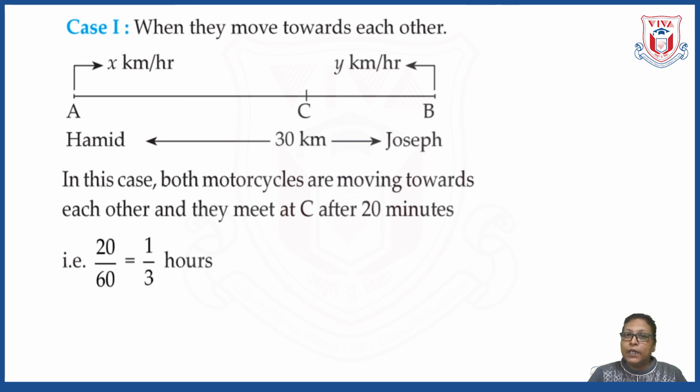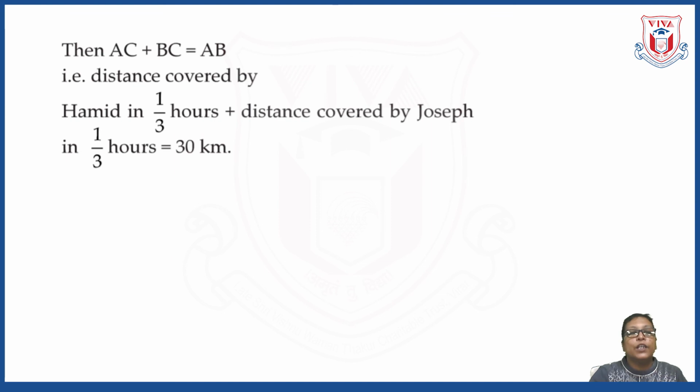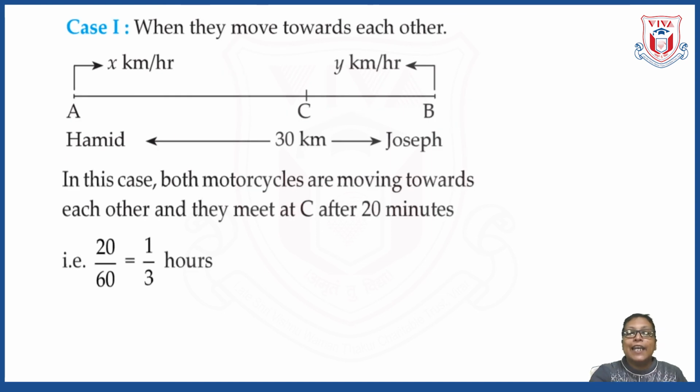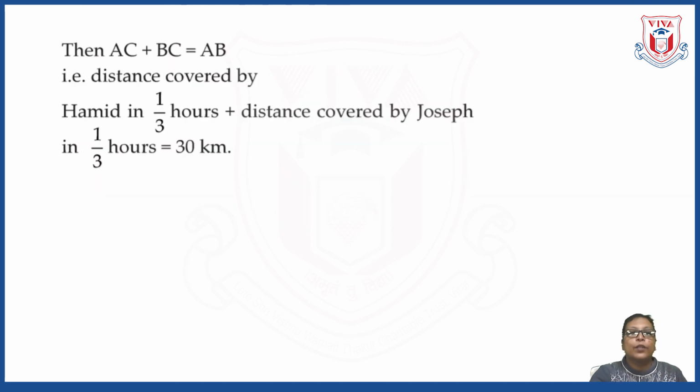We know the speeds of both Hamid and Joseph, so we can write down the equation. Here you can see that AC plus BC is equal to 30. Together the distance is 30. That means distance covered by Hamid in 1 upon 3 hours plus distance covered by Joseph in 1 upon 3 hours is 30. See, speed of Hamid is x and time is 1 upon 3.